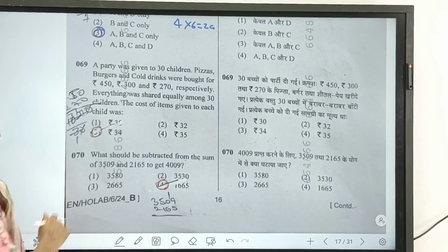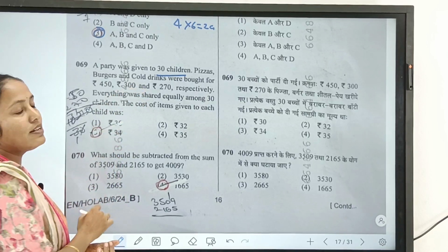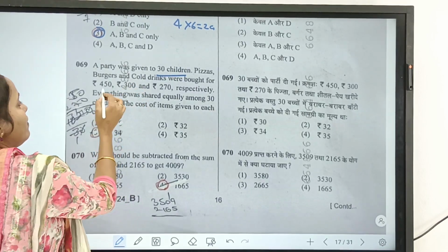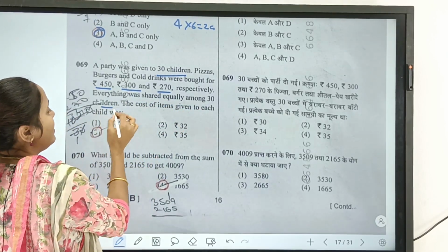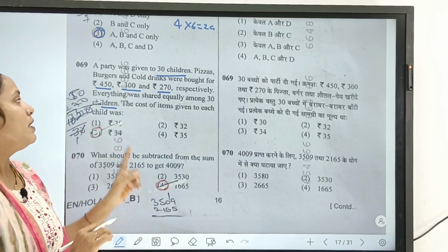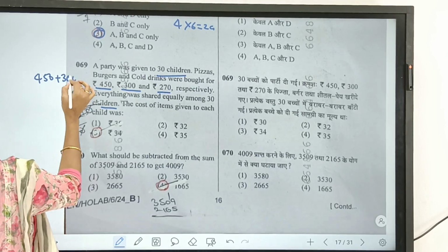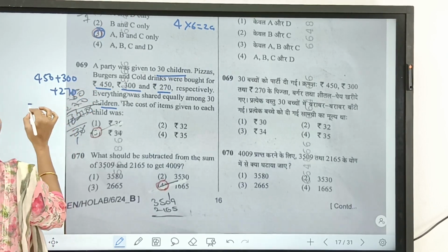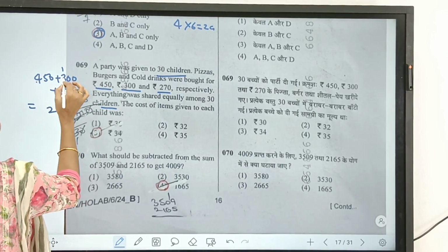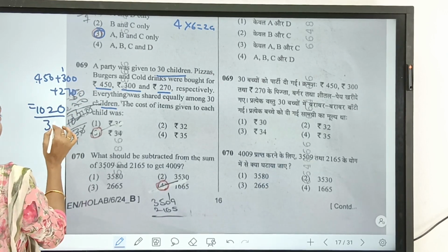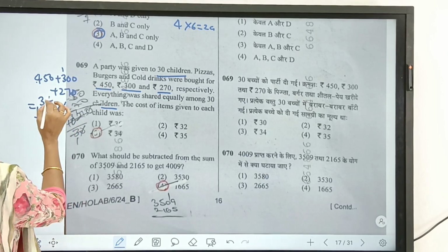And next, 69. A party has 30 children. For the 30 children, pizzas, burgers and cool drinks were bought for 450, 300 and 270. Everything is shared equally among the 30 children. You can do this question by adding the total and dividing by 30: 450, 300, 270 gives 1020 by 30, and you will get 34.